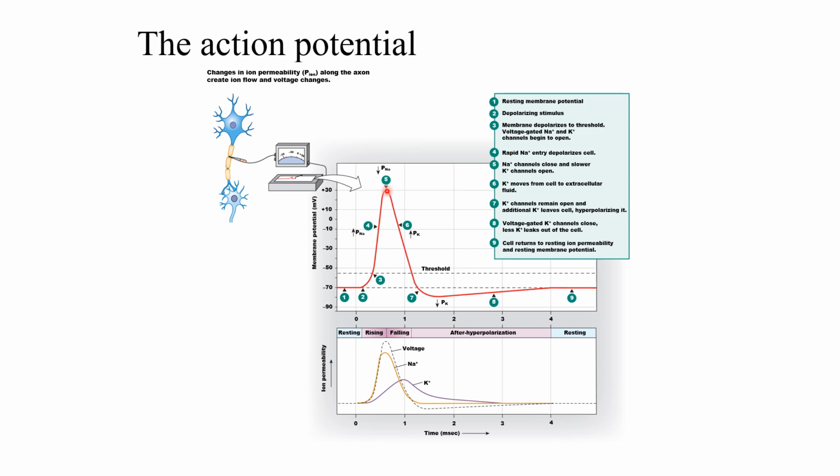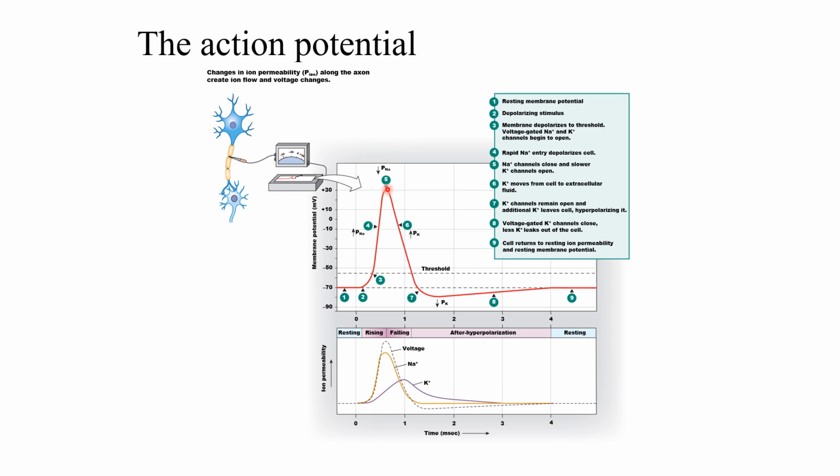By the time we hit that positive 30 millivolts, what's going to happen to those sodium channels? Those sodium channels are going to close. So no more sodium is going to be entering into the cell. And what's going to happen is another set of channels will go ahead and open.